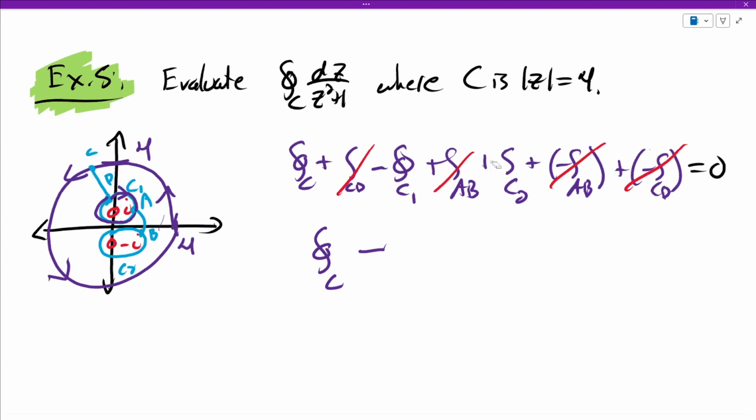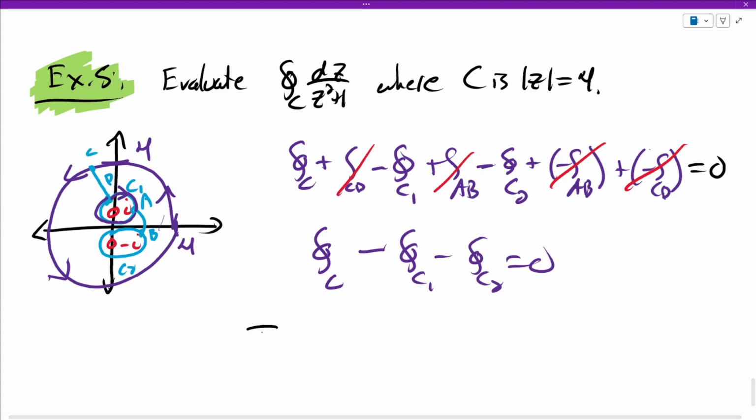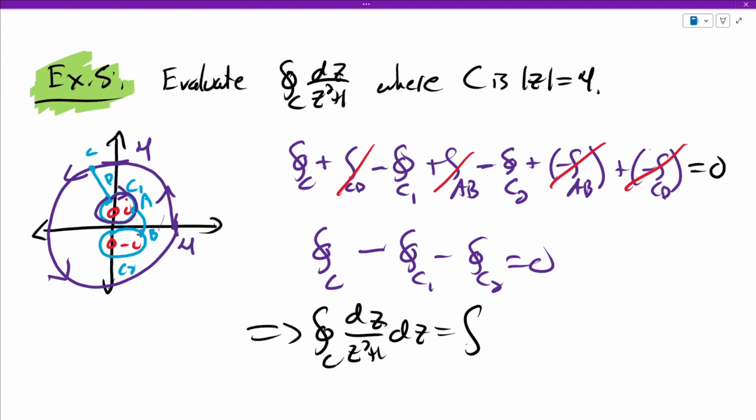And really the integral over C2 is not the integral over C2, it's the negative of it. And so in particular, this is going to tell us then that the integral over C of dz over z squared plus 1 is the integral over C1 of dz over z squared plus 1 plus the integral over C2.